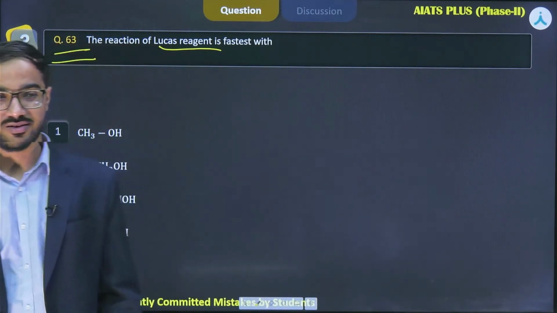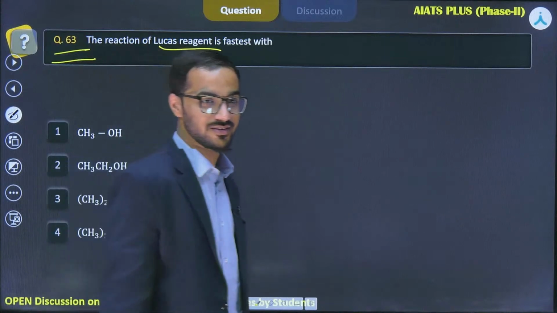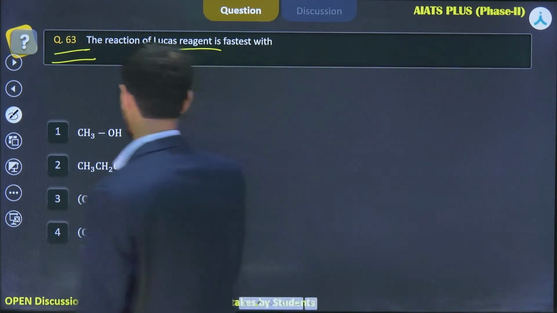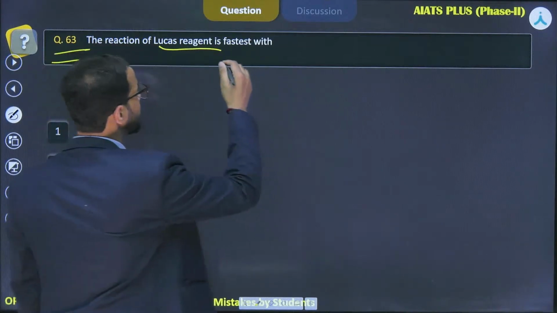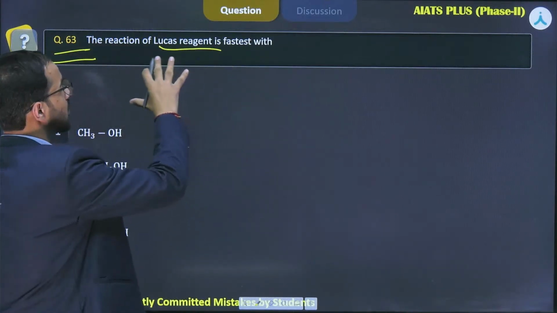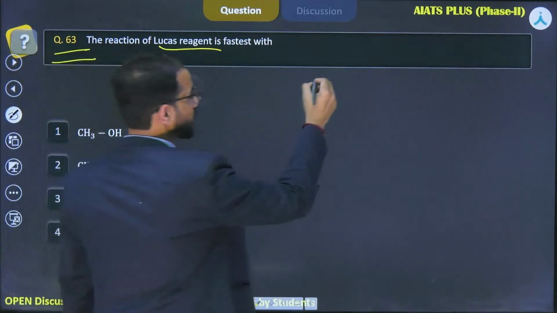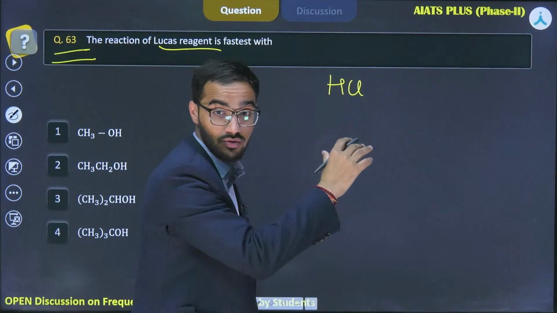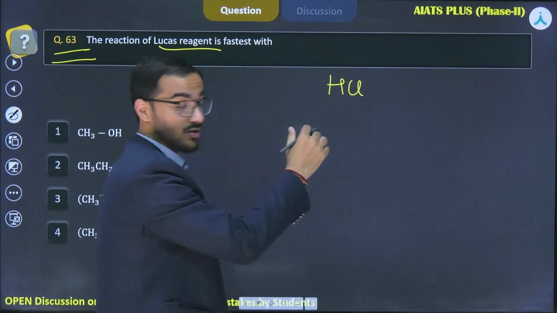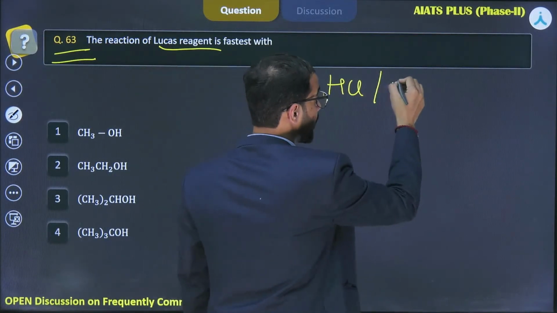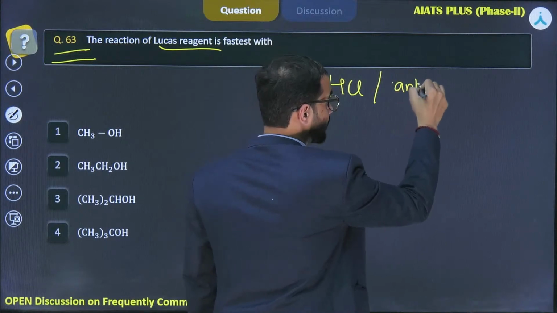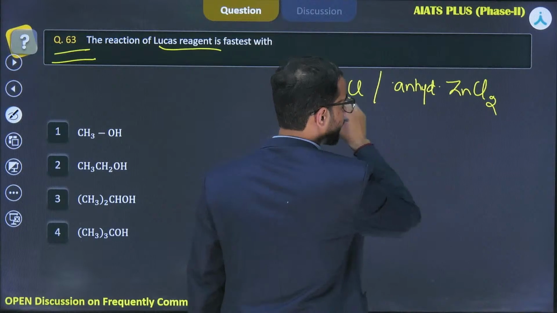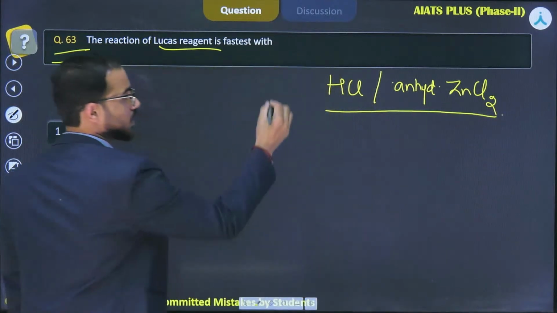Absolutely correct, Tanmay has given the correct answer. The Lucas reagent is HCl in the presence of anhydrous ZnCl2. This is Lucas reagent.